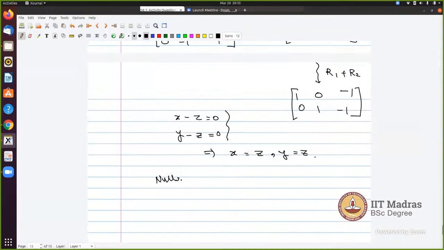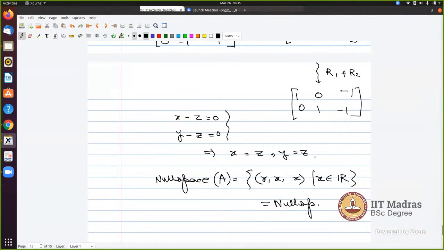So the null space of A is x, x, x again, which was exactly the null space of T. So that is the significance of this matrix representation. If we calculate the matrix representation and find its null space and rank, that will be the same as the rank and nullity of the linear transformation.